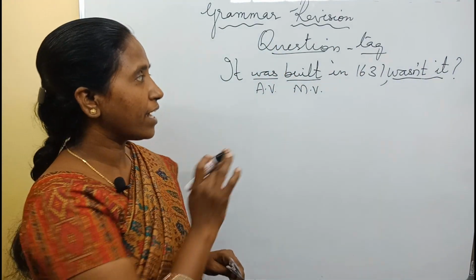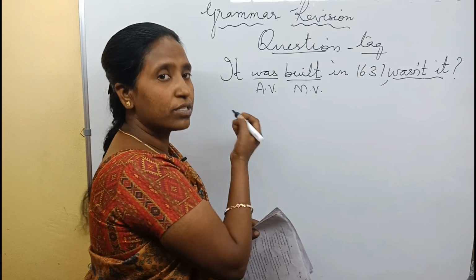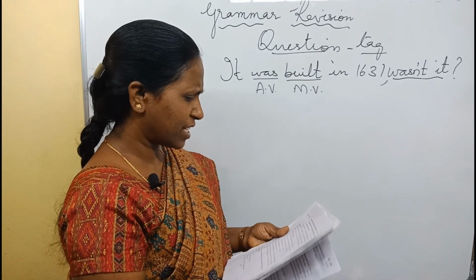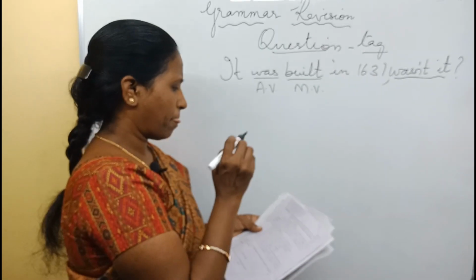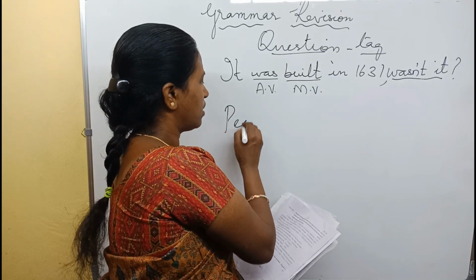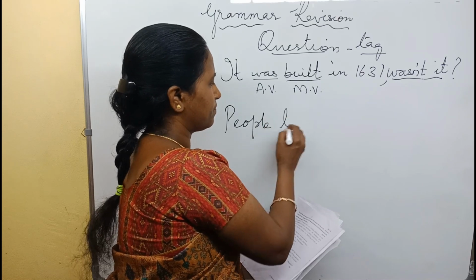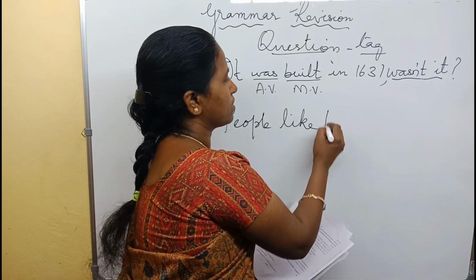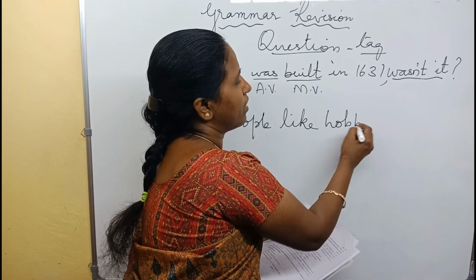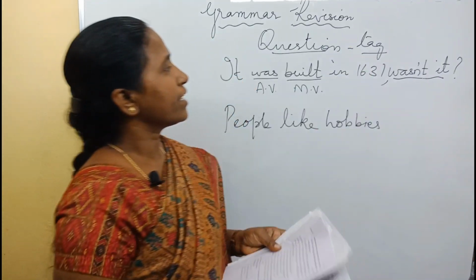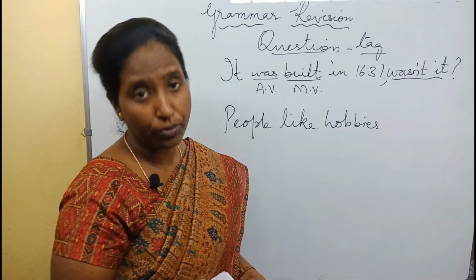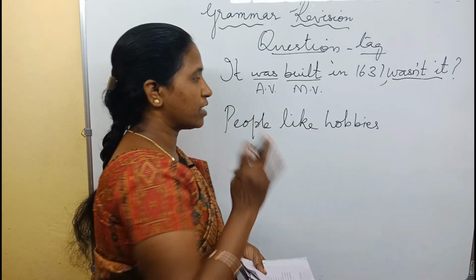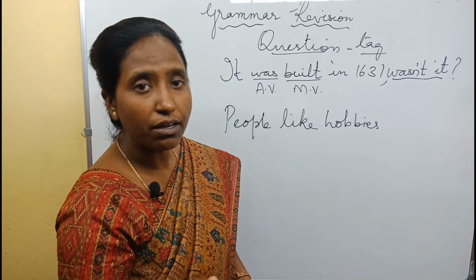Here I want to tell some more examples for question tags. In every question paper you have question tags. Here you see, people like hobbies. Just now I told that there is an auxiliary verb and you pick the auxiliary verb and put it there. But here there is no auxiliary verb.